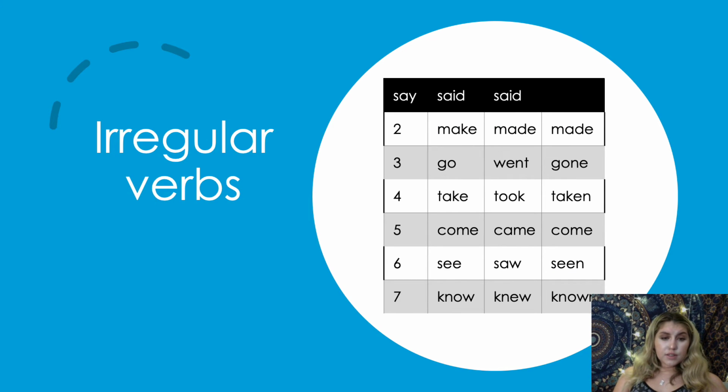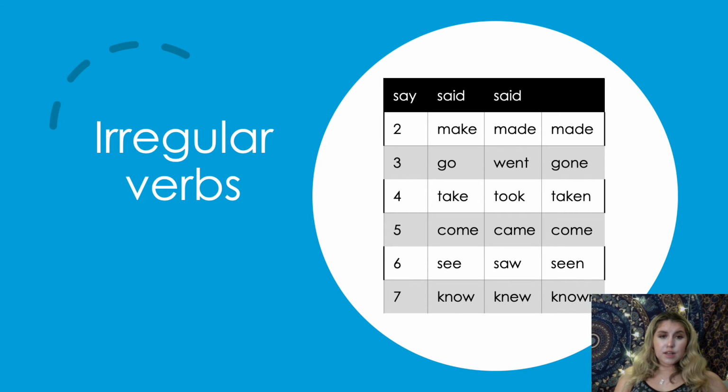So here are some examples of irregular verbs. So there's regular and irregular verbs. And irregular verbs are words that you can't exactly just put ed on the end. You have to convert the words a little bit. So some examples here are make, made, go, went, take, took.